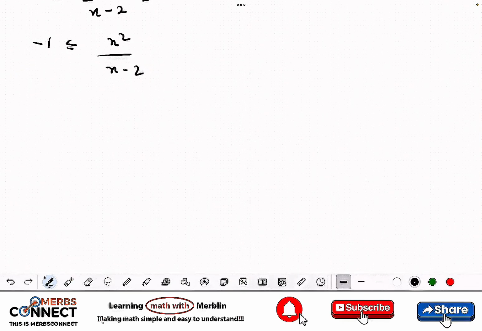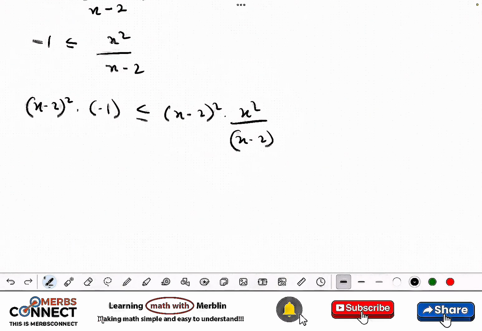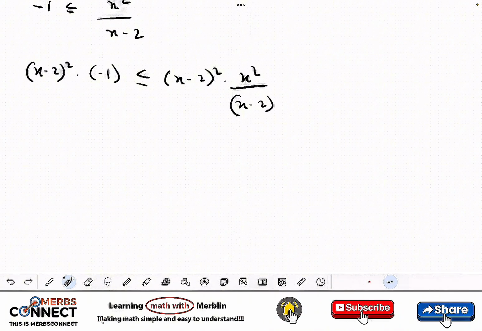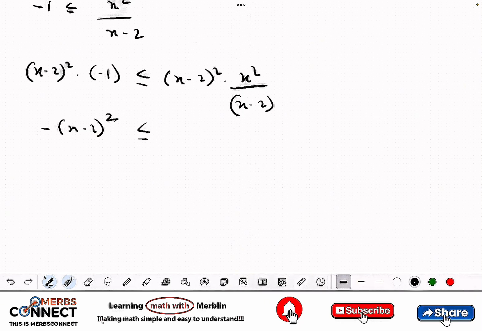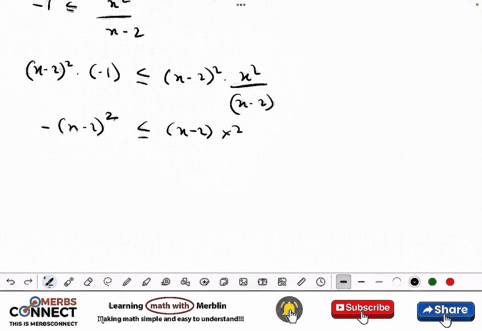So I'm going to have x minus 2 squared times minus 1 less than or equal to x minus 2 squared times x squared over x minus 2. Good. So when I multiply this here, I'm going to have minus x minus 2 squared less than or equal to, now one of this will cancel this, so it will be left with x minus 2 times x squared. Let's simplify.